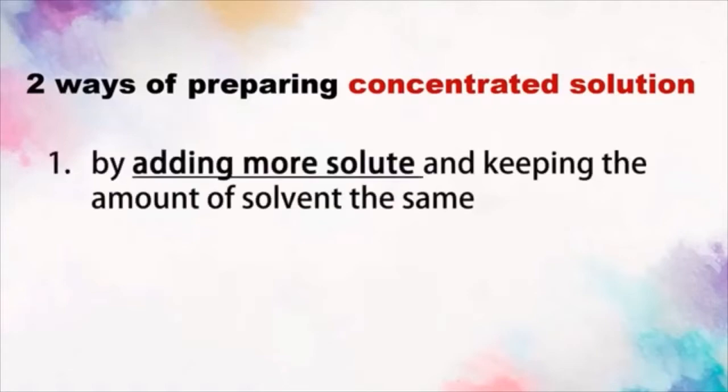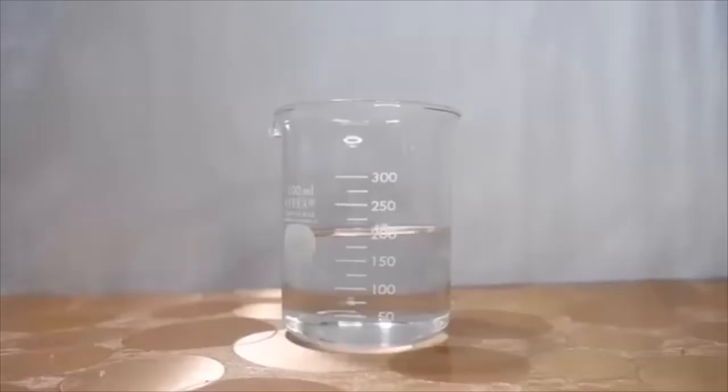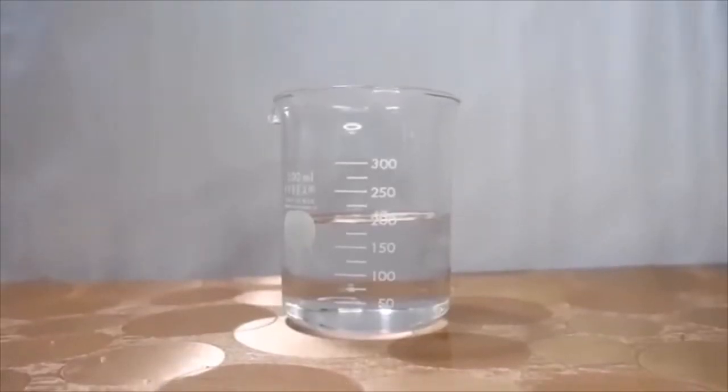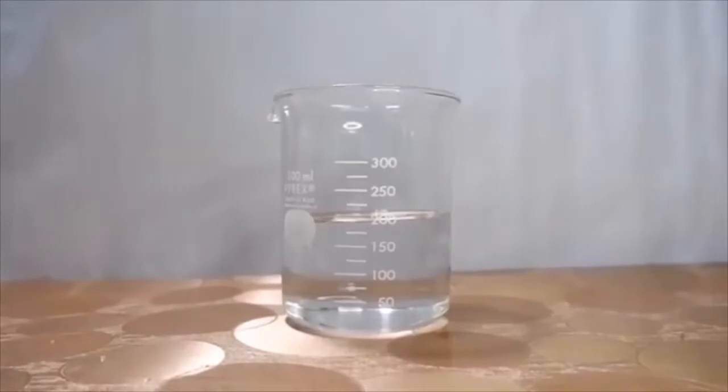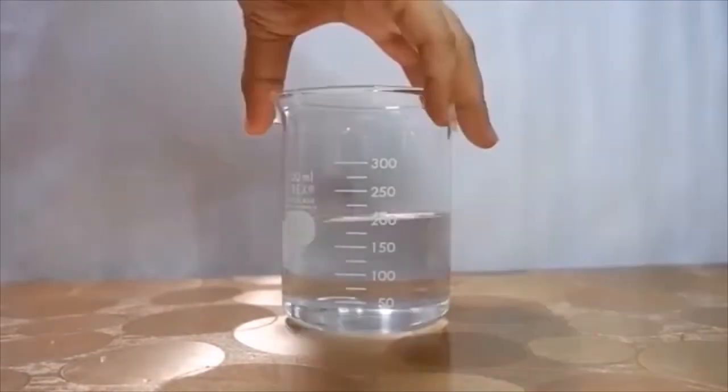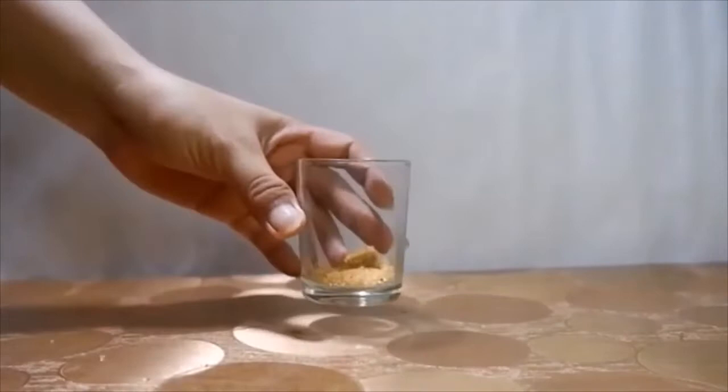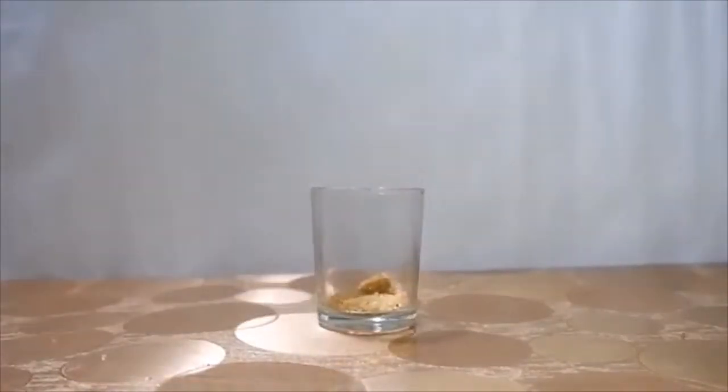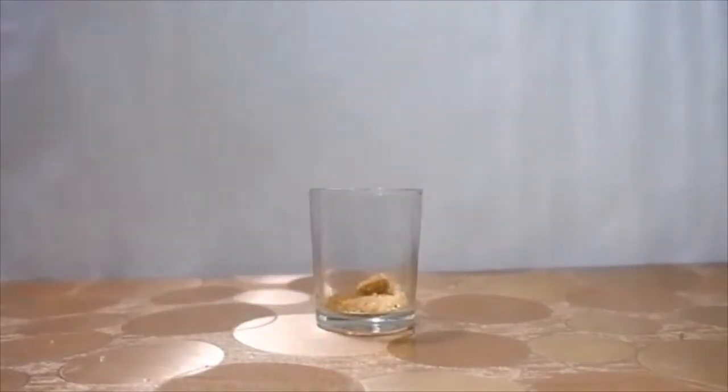Number 1, by adding more solute and keeping the amount of solvent the same. For example, the actual volume of water is 200 milliliter, and the actual amount of sugar is 1/8 of this small glass.